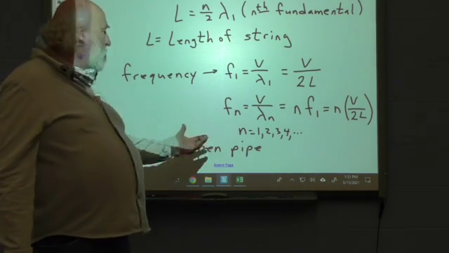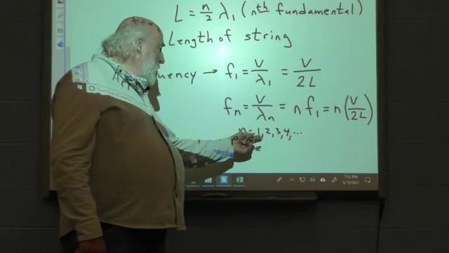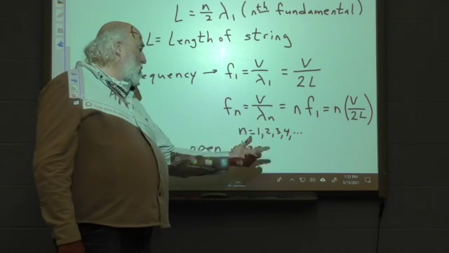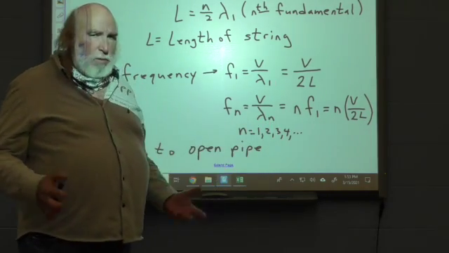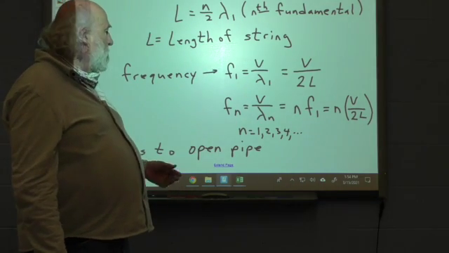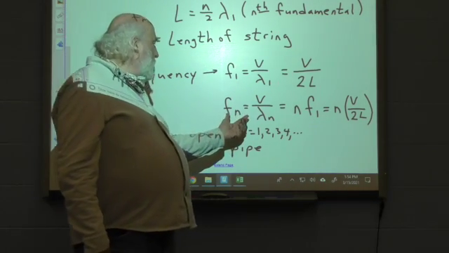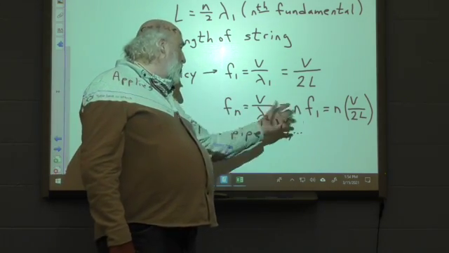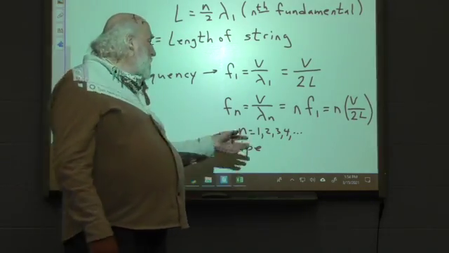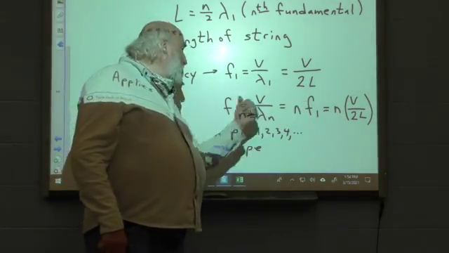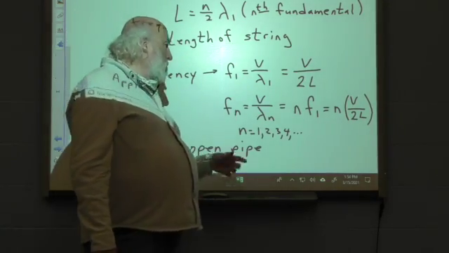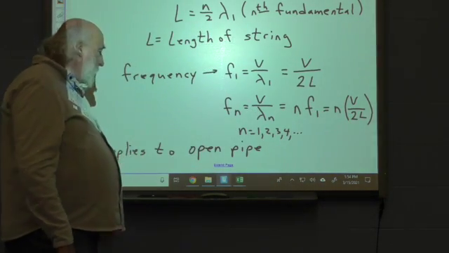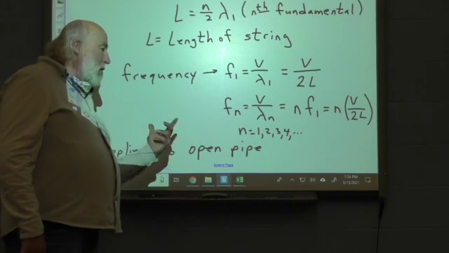So the general formula here is f sub n, where n is 1, 2, 3, 4, and so on, equal to the velocity over the wavelength of whatever harmonic or overtone you're looking at. And then we can rewrite that: the frequency of a particular harmonic, n, first, second, third, fourth, whatever, is just that n value times the fundamental frequency. And since the fundamental frequency is defined as v over 2L, we can substitute that in. And like I said, this applies to open pipes.